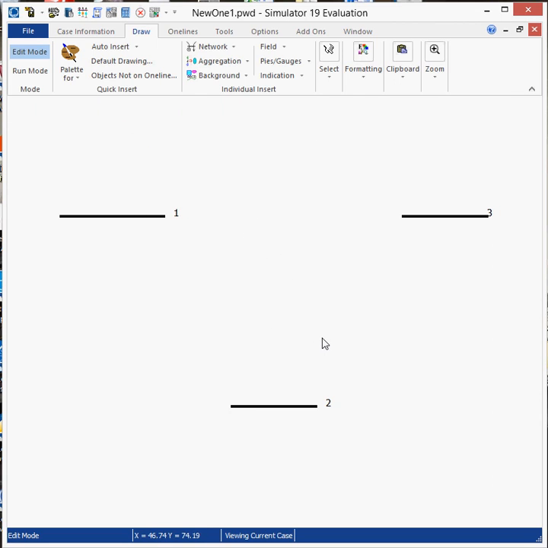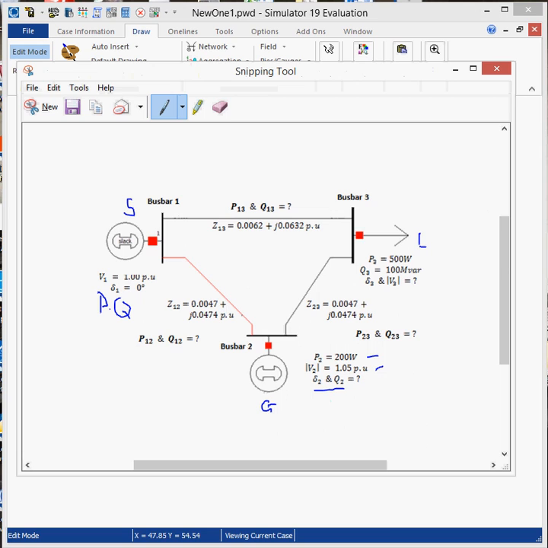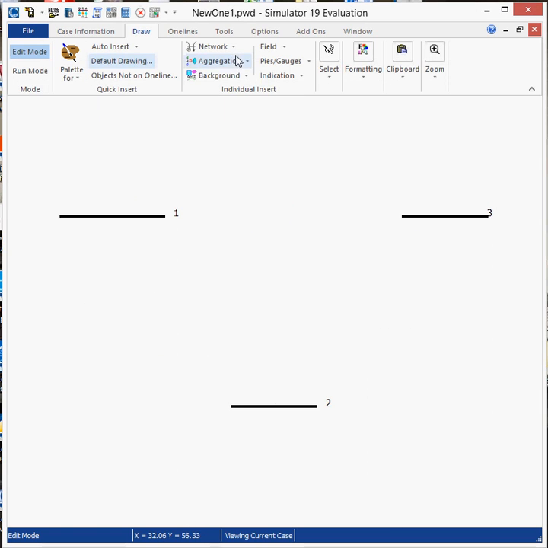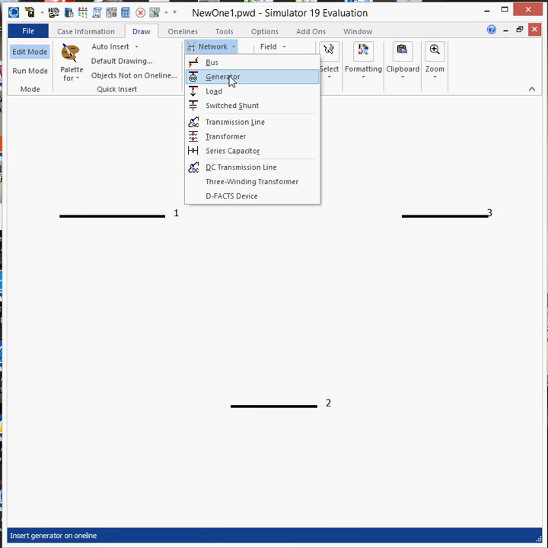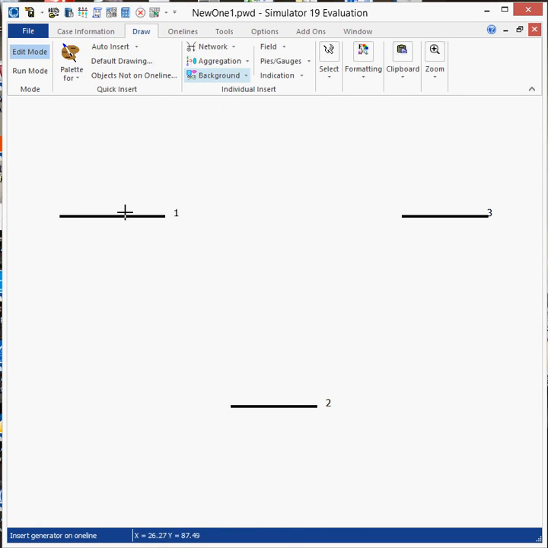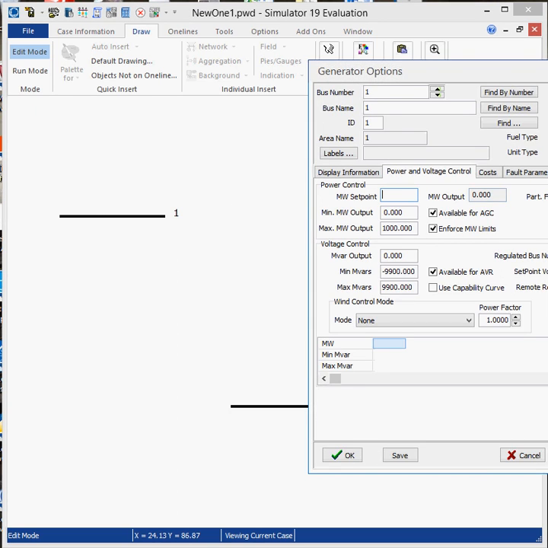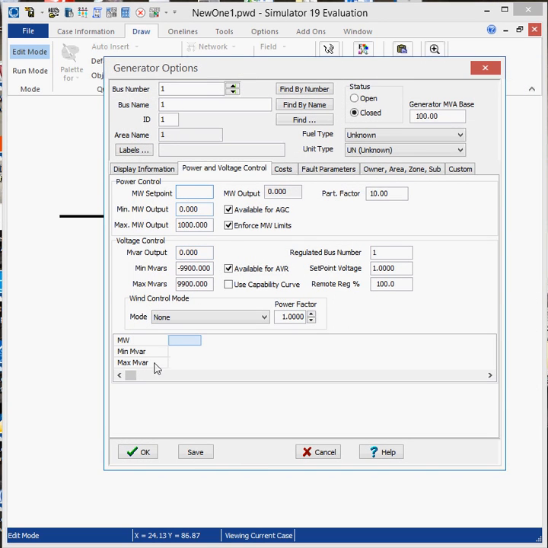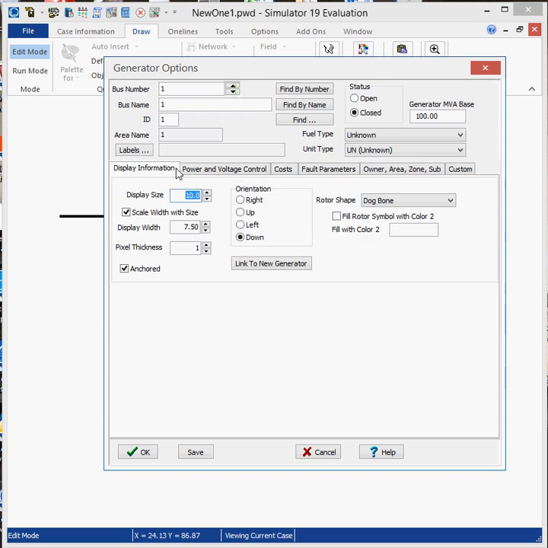Alright. So the first bus is the slack bus. You need to add a generator on the first bus. Just click on that bus.